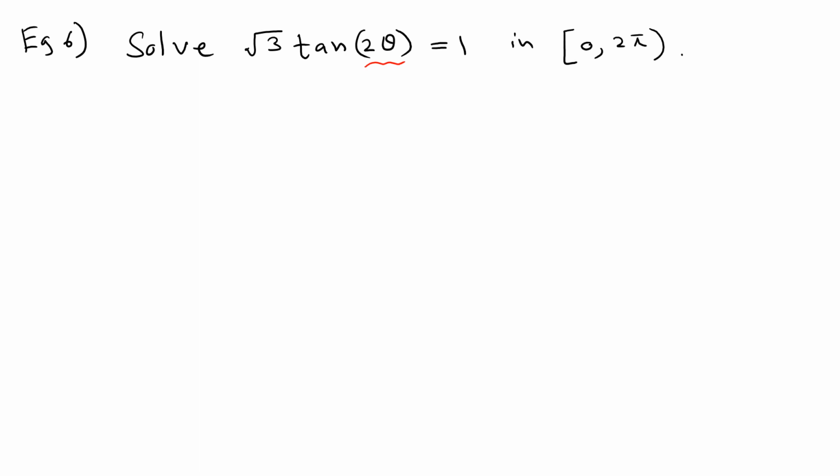So let's write this argument. If theta is in the interval 0 to 2 pi, then multiplying by 2, 2 theta is in the interval 0 to 4 pi.